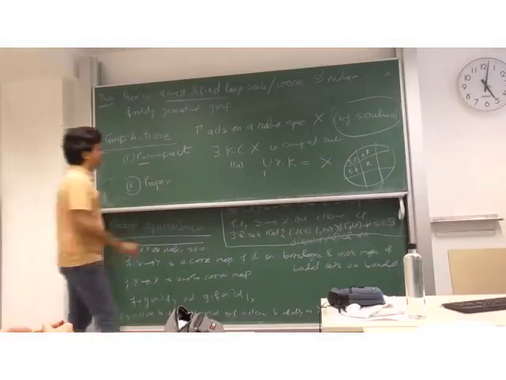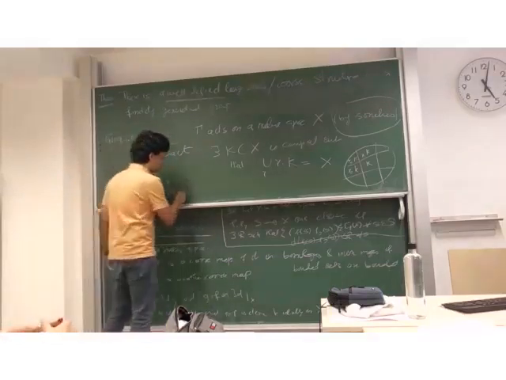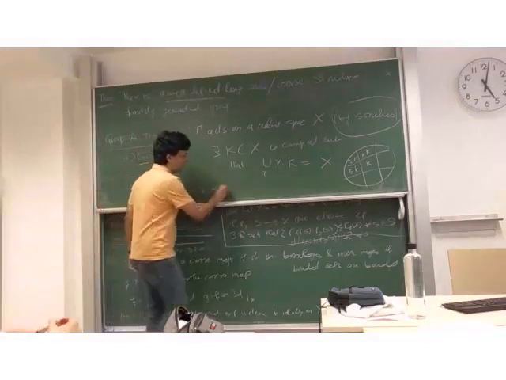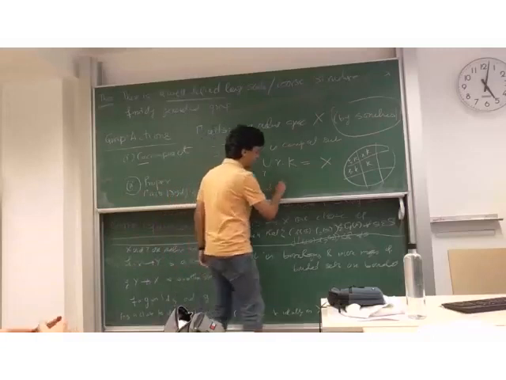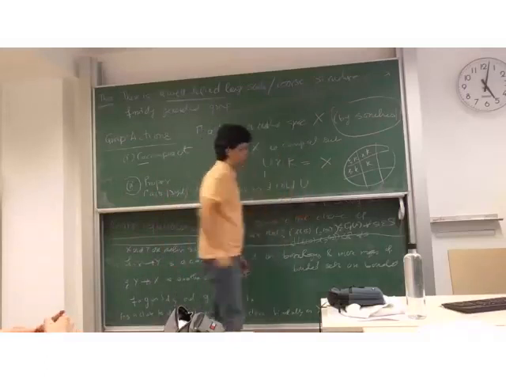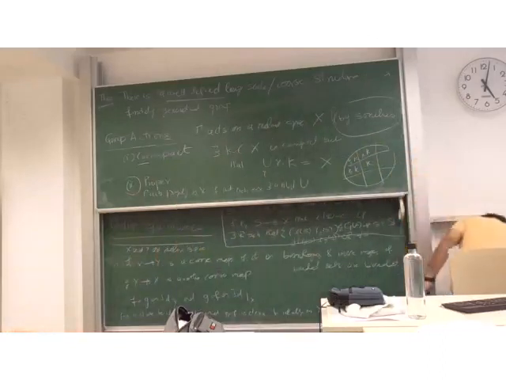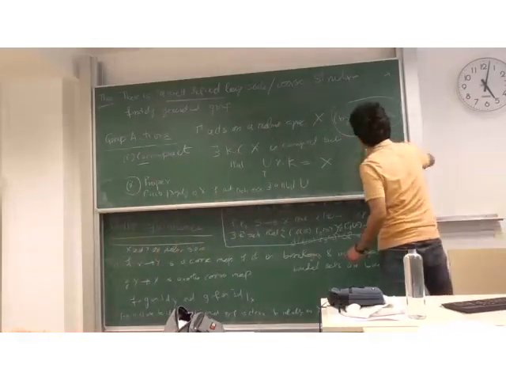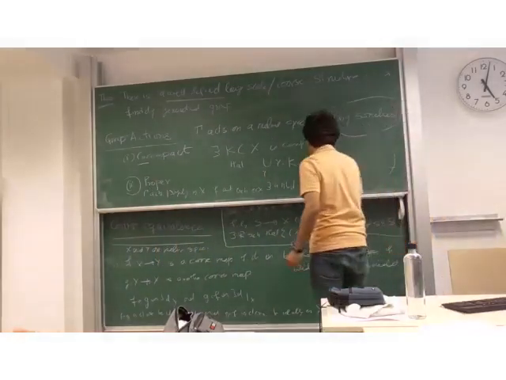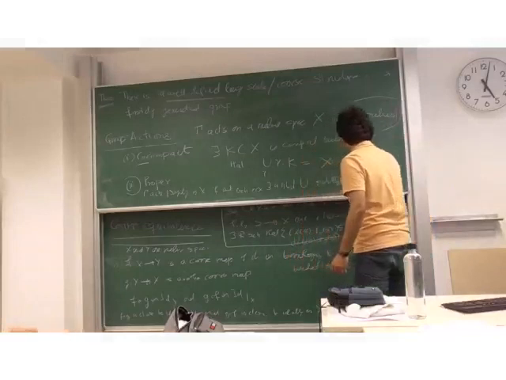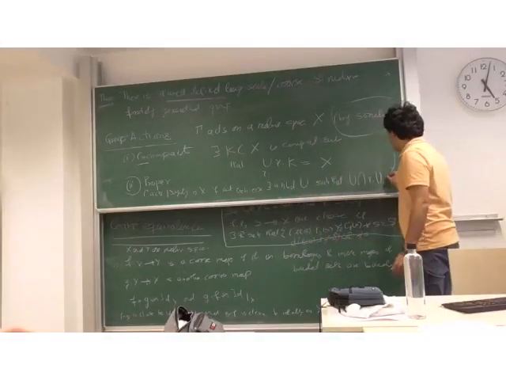So we say gamma acts properly on X if at each point x in X there exists a neighborhood U such that the intersection of U with its translate by gamma is not equal to the empty set.